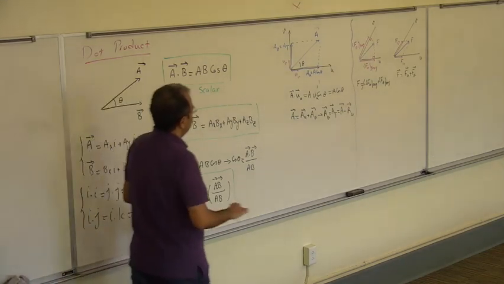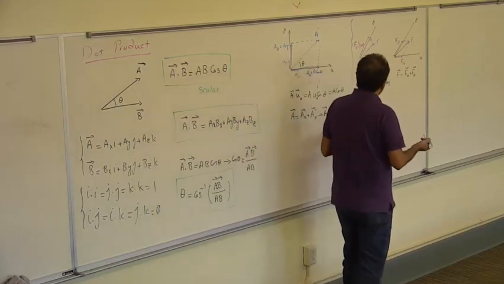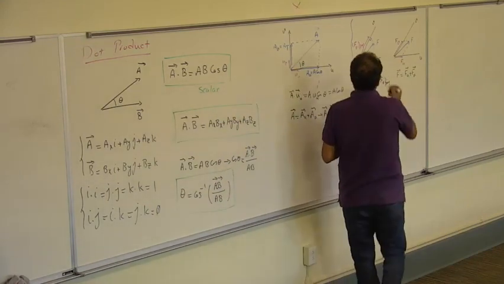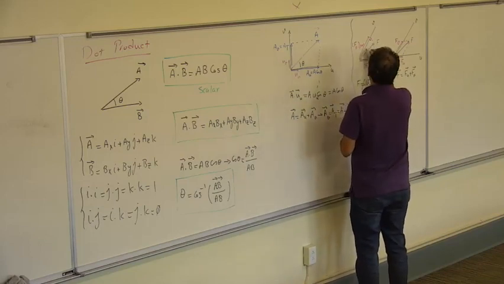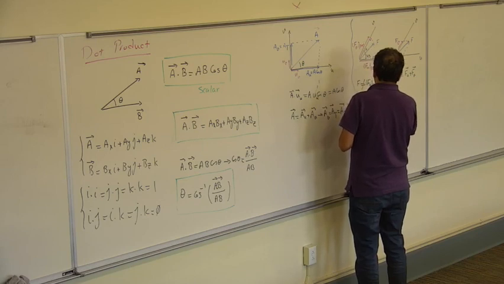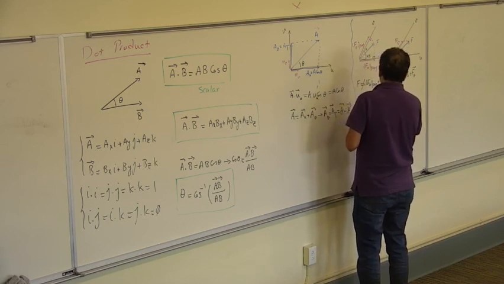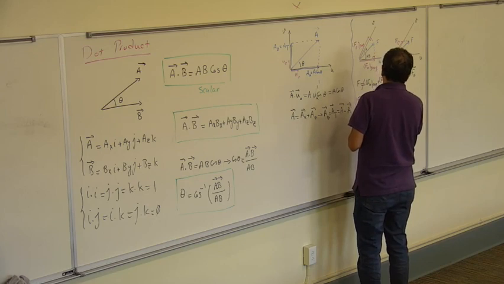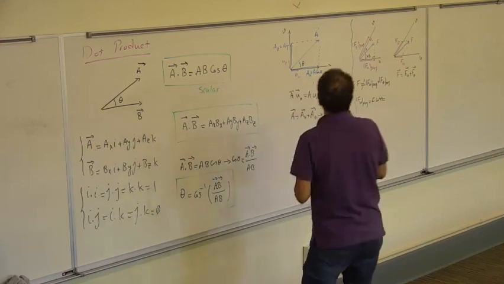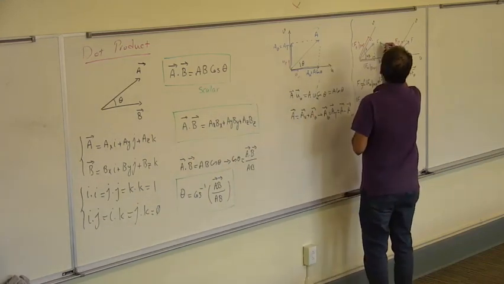So here, just in case we want to find them, if you have the angles, we have 15 and 45. So FU projection is F cosine 45, and F is 100 Newton.